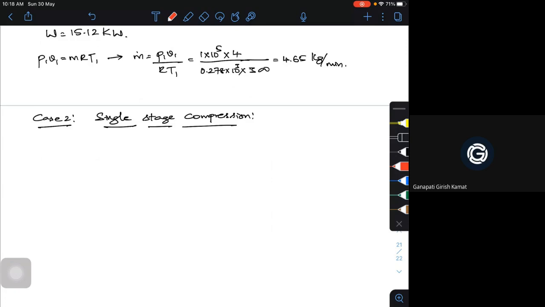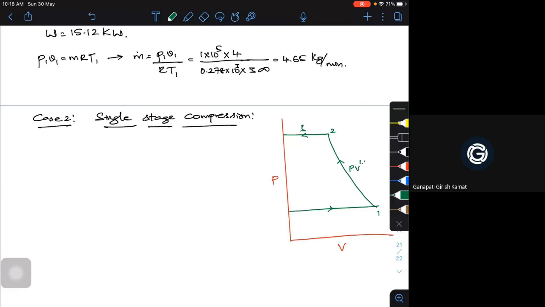I'm going to compress it to 8 bar using a single stage. This is my PV diagram for that. I'm going to compress from 1 to 2, then to 3, according to PV to the power of 1.2 equal to constant.